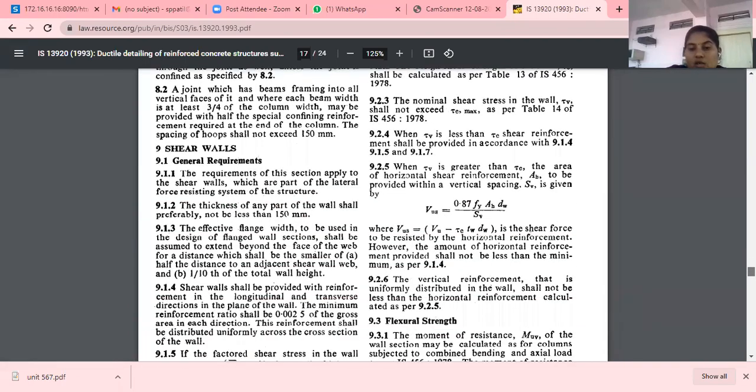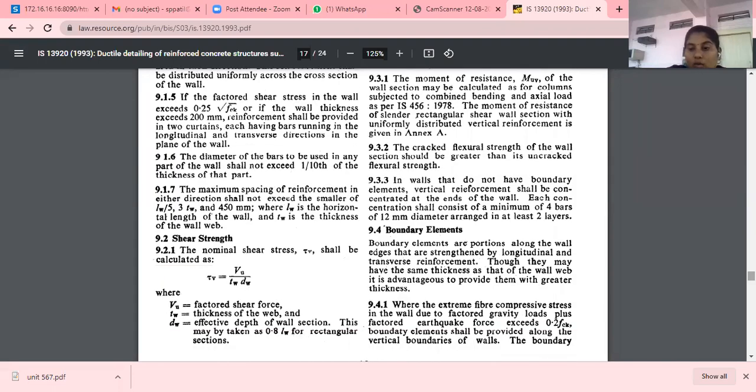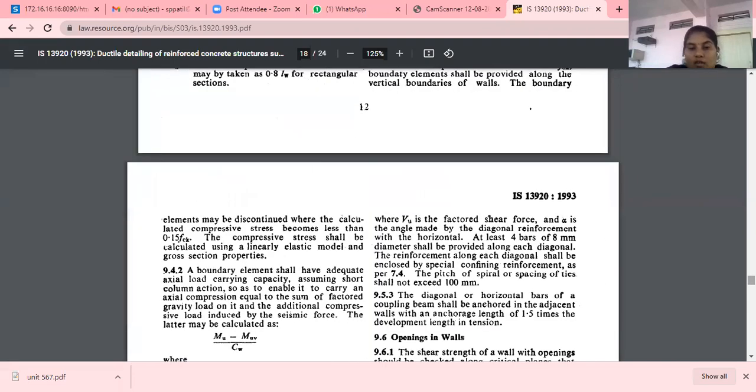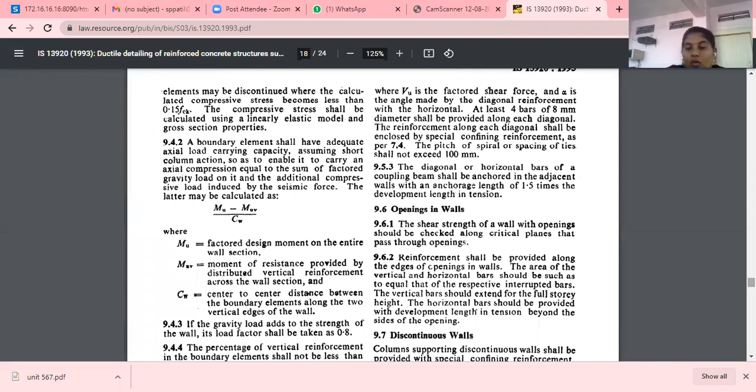Calculate the shear strength of the building, flexural strength, how it is calculated, boundary element, and how openings in the walls reduce the strength of the building. Openings in the wall reduce the strength of the building, and how they affect the strength of the building over here.